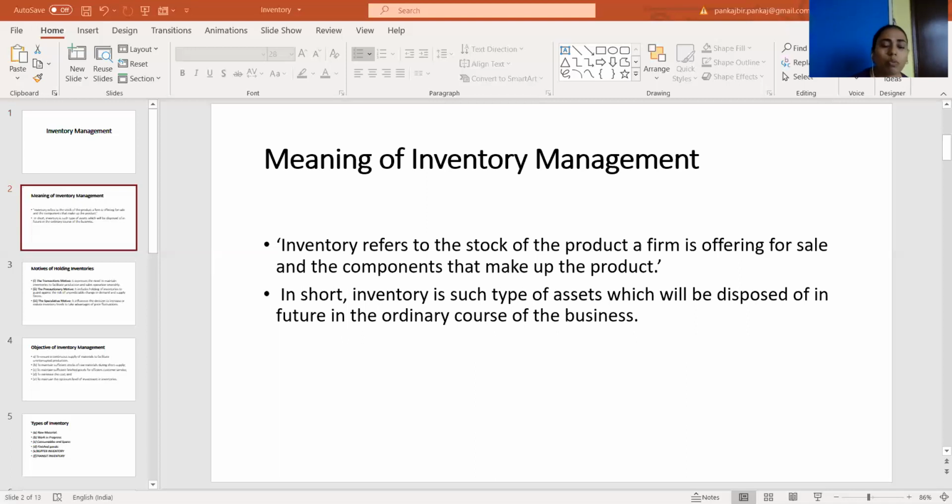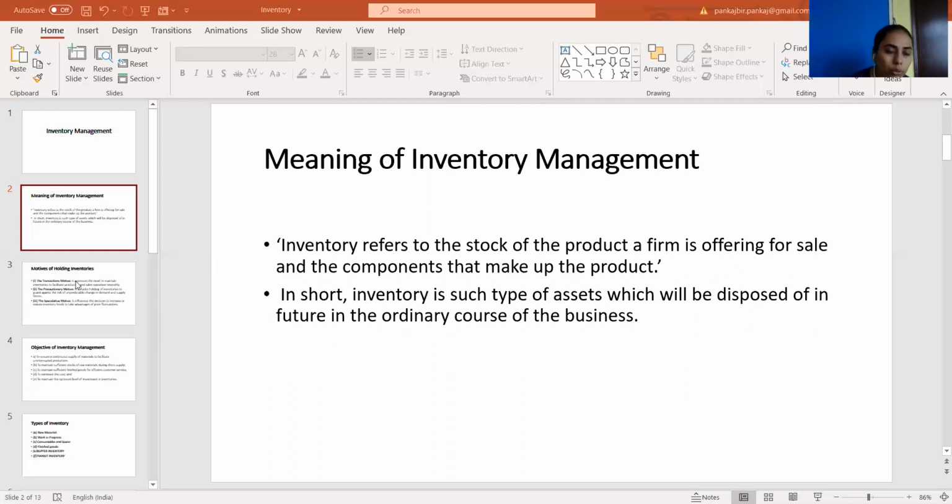On the basis of which there are several kinds of inventory. So one can say that inventory refers to a stockpile of product a firm is offering for sale and for consumption in the production process.